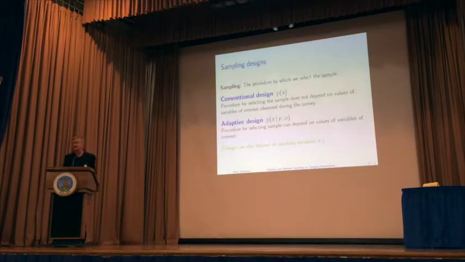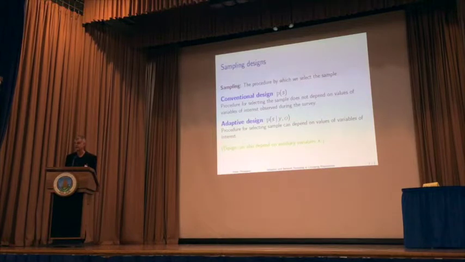So in a conventional design, such as simple random sampling or stratified sampling, we relate the design to the procedure for selecting the sample, to a probability associated with each possible sample.